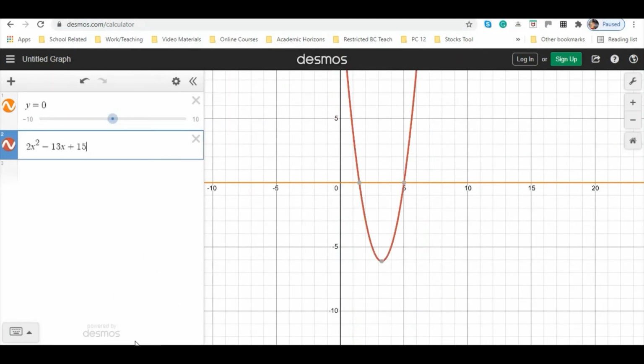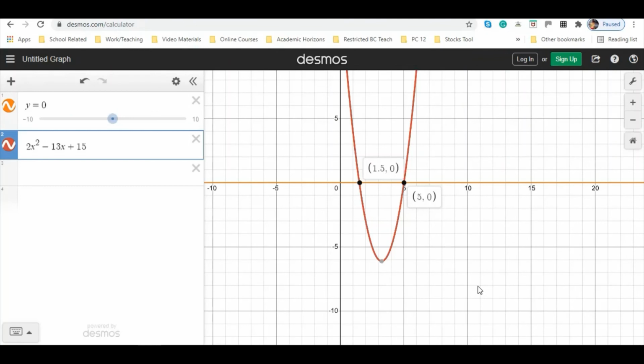Okay. So if you can see, the point of intersection between this orange straight line and the red line would be the solution. So you have two solutions here. It's the same thing as solving a quadratic equation.